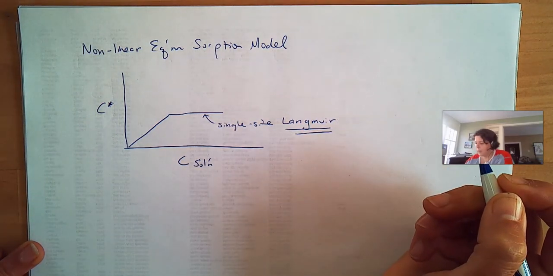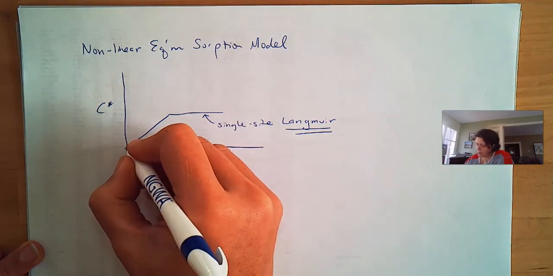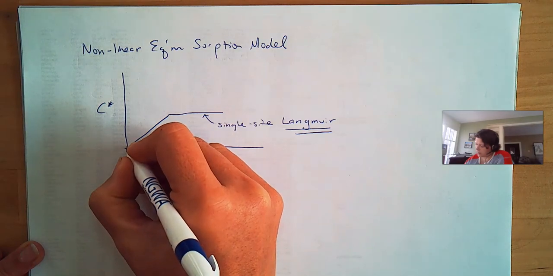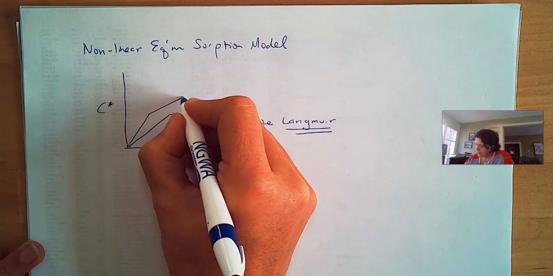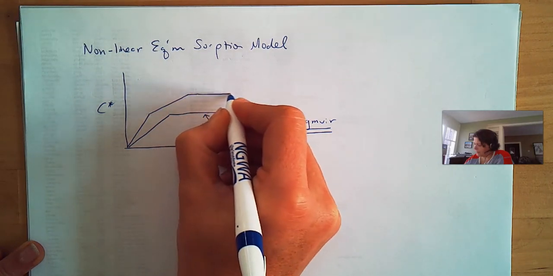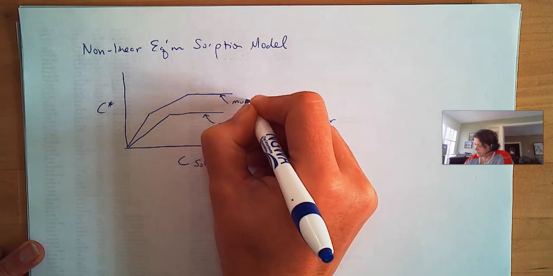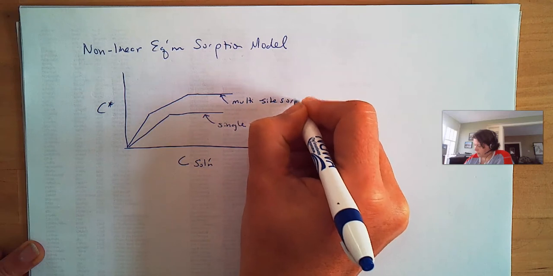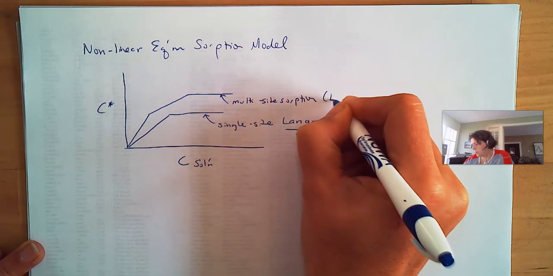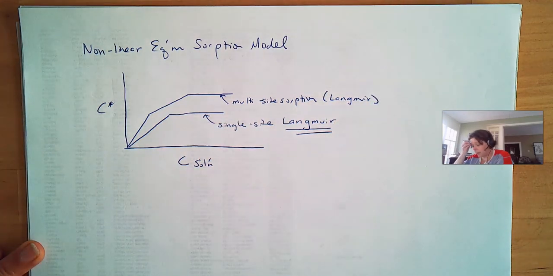This is a Langmuir type of thing. Now you can also get multiple sites, so you can get an absorption like that, and then something like that, and then finally going into there where you'll have multiple sites. This is also referred to as Langmuir. It's just multiple site, and it was also developed by Langmuir.